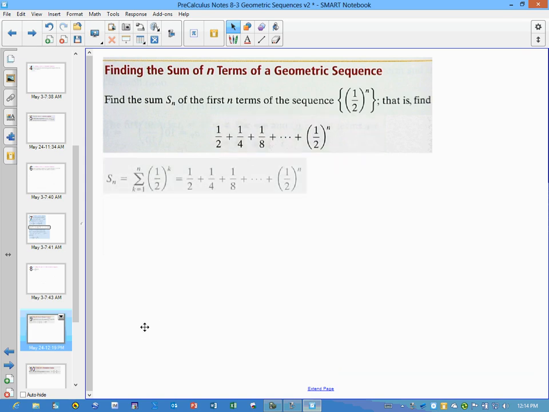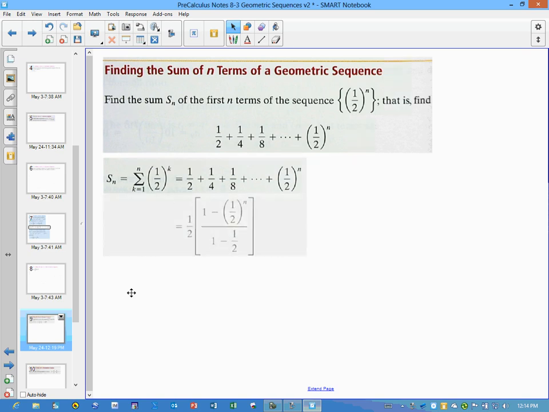The way we're going to reason through this is we want the sum, and we're going to use k as our indexing variable, as k goes from 1 to n, because I don't know what n is yet, of 1/2 to the k, which is that rule. So that's 1/2 plus 1/4 plus 1/8 all the way up to 1/2 to the n.